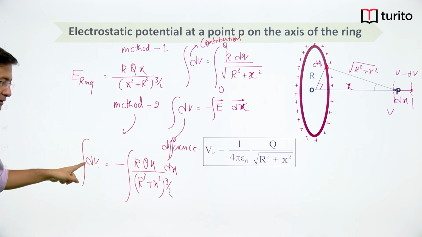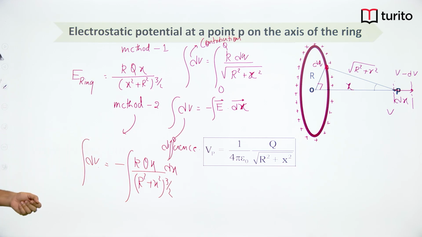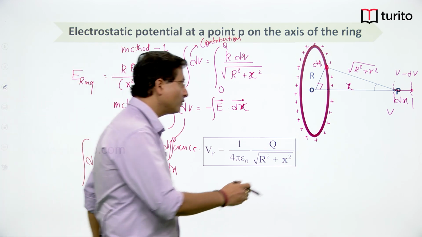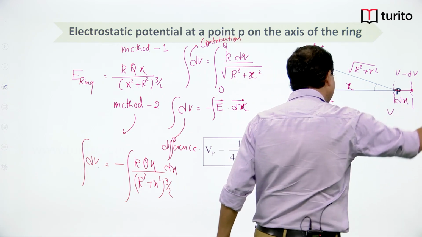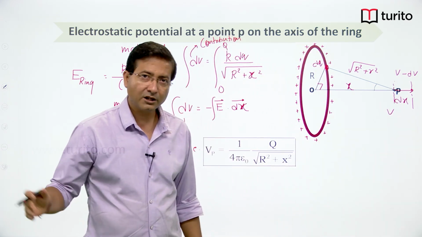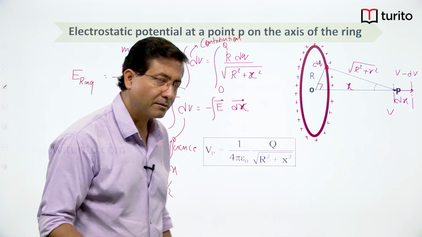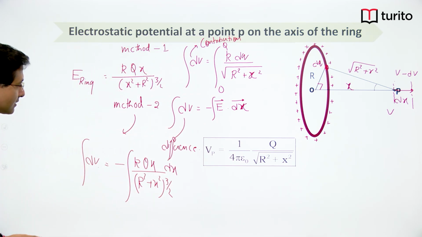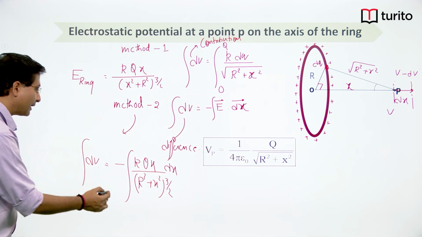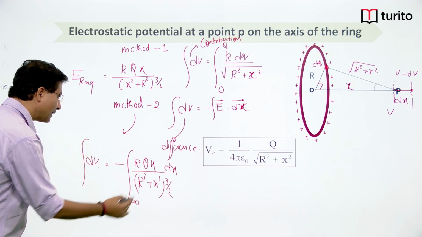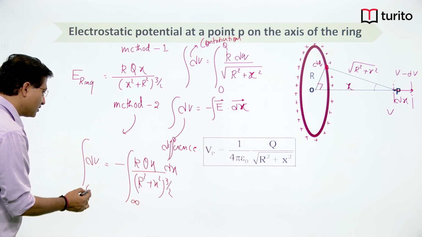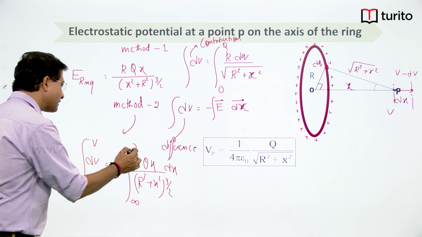Here this is not the contribution, it is the difference. So, as you keep moving from here to infinity, potential reduces and it becomes 0. So, reference is at x is equal to infinity, potential is 0. What would be the potential at some distance x?